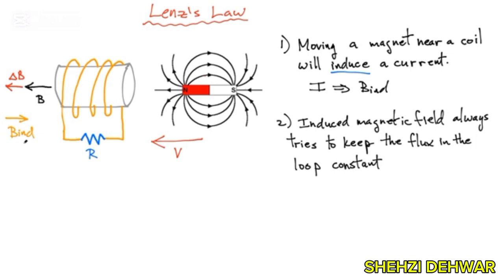So this here has to be the direction of the induced magnetic field. Now that we've established this, all you have to do is use the right-hand rule to determine what direction of current would produce a magnetic field that points to the right inside the loop. The right-hand rule says you place your thumb in the direction of the current and you curl your fingers, and I want to curl them toward the center of the loop.